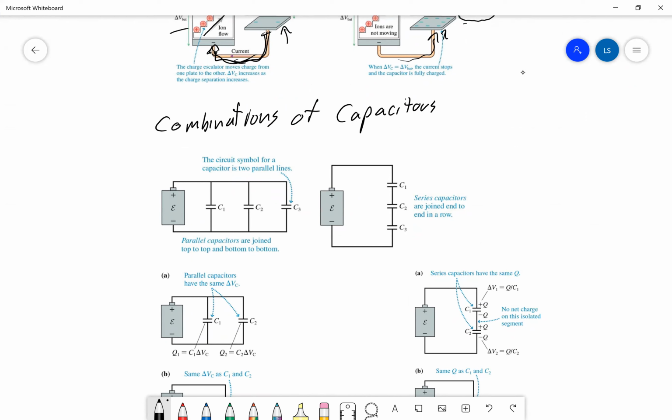There is either parallel, so one capacitor hooked to the other capacitor and all the same sides are hooked together, or there is series. So the top of one capacitor goes to the bottom of the other, and the top of that one goes to the bottom of the first. Now, the way to analyze this has to do with reducing these capacitors into what we call an equivalent capacitance. And the equivalent capacitance is what capacitor we could put in there in order to replace this whole network.